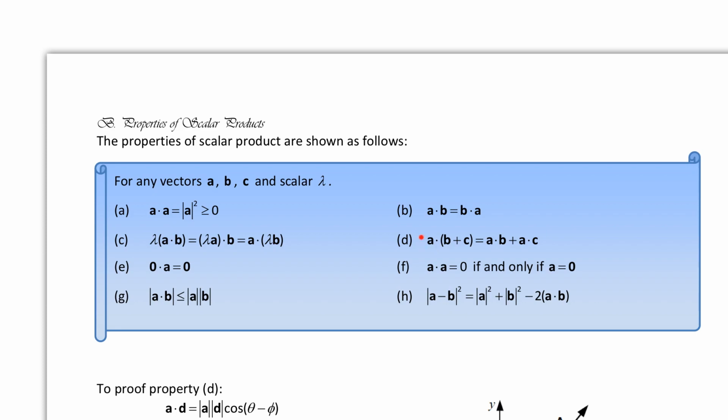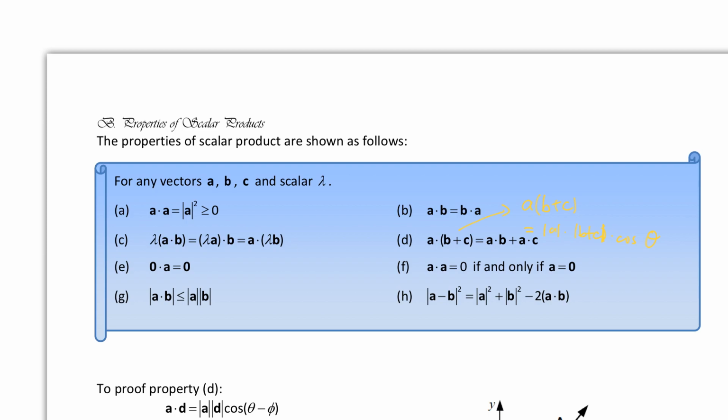I can introduce it in this way. What is A dot B plus C? It is equal to magnitude A times magnitude B plus C times cosine of the angle between A and B plus C.